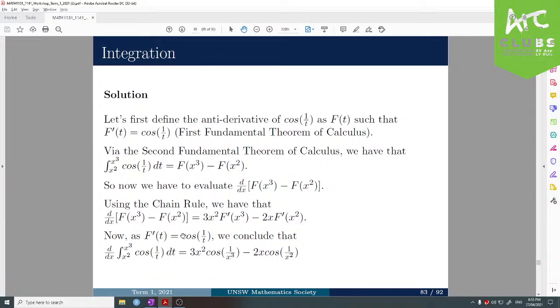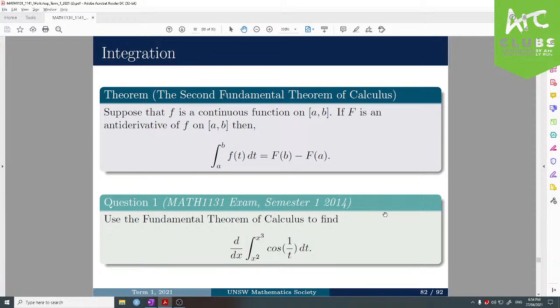And so we ultimately have that the derivative of this integral is equal to 3x squared times cos(1/x cubed) minus 2x times cos(1/x squared), where we simply plugged in x cubed for t here, and x squared for t here. Does this make sense? So we used both fundamental theorems of calculus to do this question here.